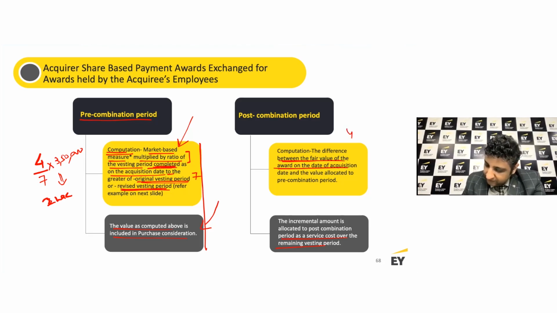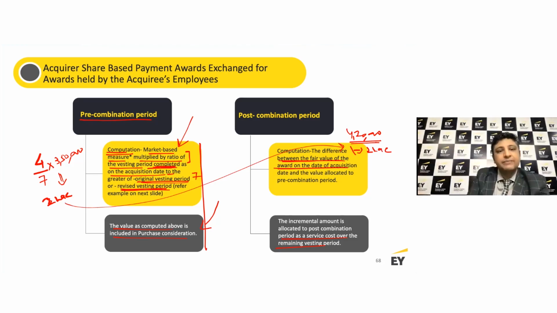Okay. The second point, the difference between the fair value of the award. Now, the fair value of the award is also provided to us at 4,20,000, right? But you're saying that out of this, 2 lakh pertains to the pre-combination offer, which means that this 2,20,000 rupees represents the incremental amount.